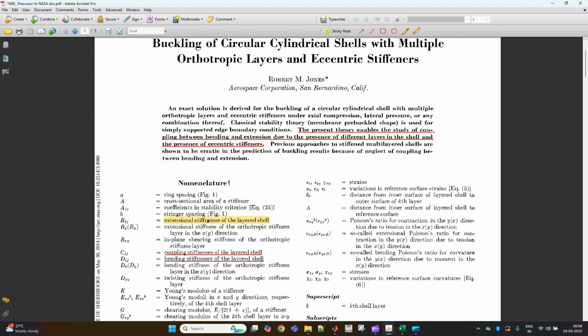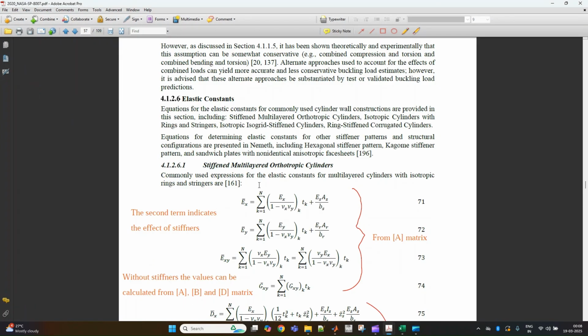So basically in-plane stiffness was represented, as we know, by the A matrix. He used the A matrix for some other purpose, so that is why he used B for in-plane extension, C for the coupling. But we know that the D matrix represents the coupling. D matrix for the bending stiffness, as in the present convention, the D matrix also represents the bending stiffness. This is the convention which he has explained in this paper, which made me use it.